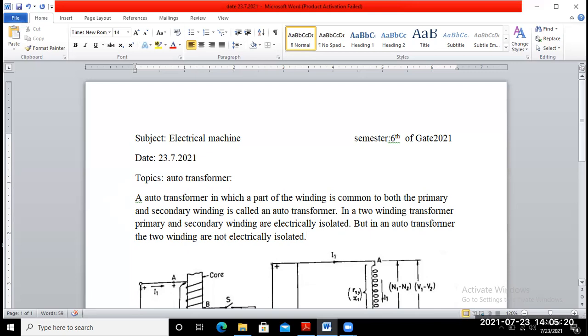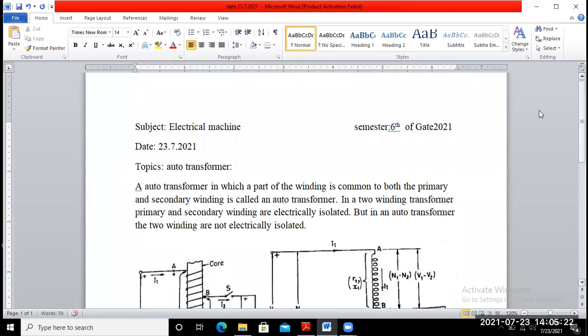So according to this definition, a winding is common to both the primary and secondary winding. In a two winding transformer, you may have observed that the primary and secondary winding are electrically separated from each other. But in an auto transformer, the two windings are not electrically isolated.